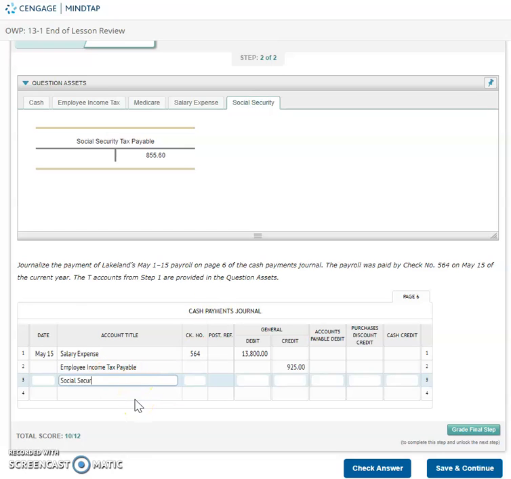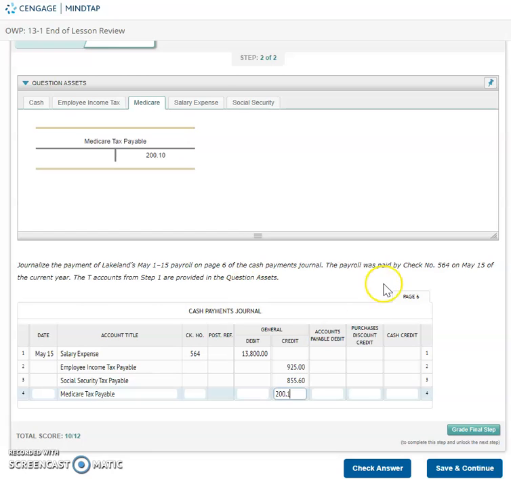I don't know why they don't put it in the correct order up here, but this is just the general order that we go in for our deductions. So $855.60, and then the last one is my Medicare tax payable, and that is $200.10.